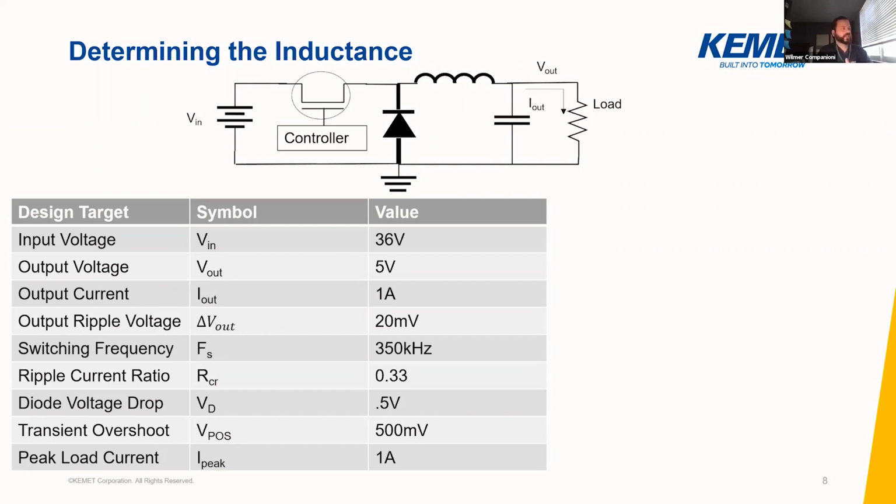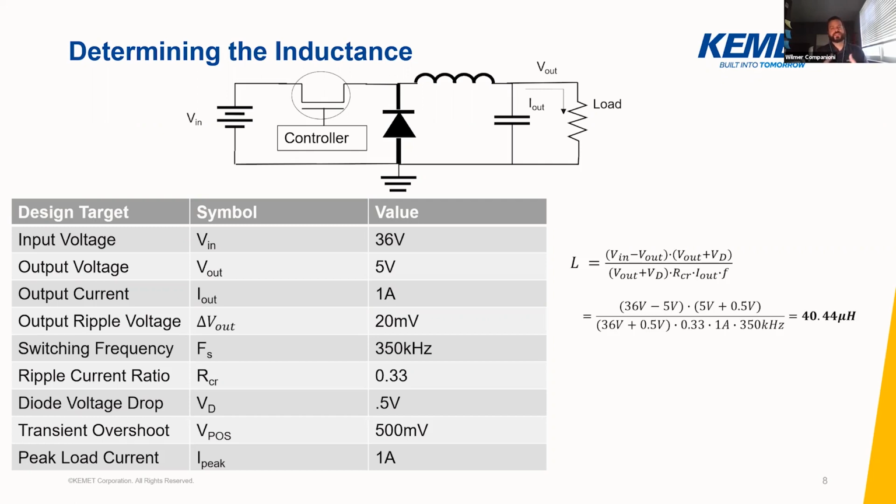Now, determining that inductance is a fairly simple calculation, and it takes into account the input voltage, the output voltage, the ripple current, the switching frequency, et cetera. The actual derivation of this equation is a topic for another day, but after plugging in our operating conditions, we come up with a value of 40.44 microhenries.